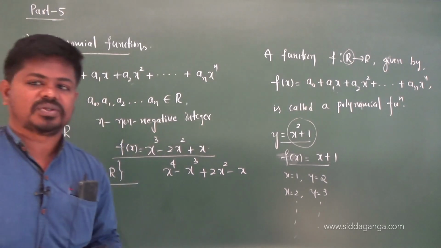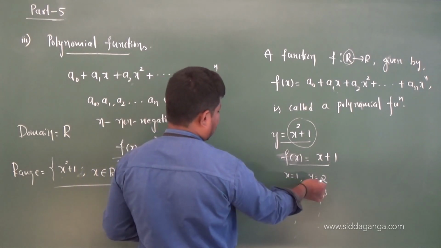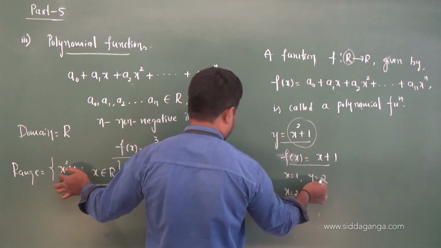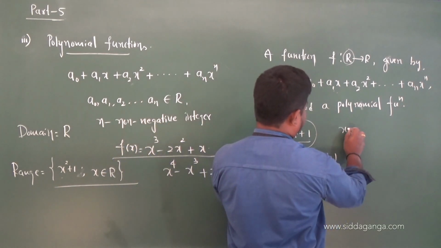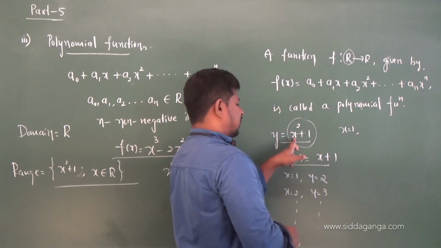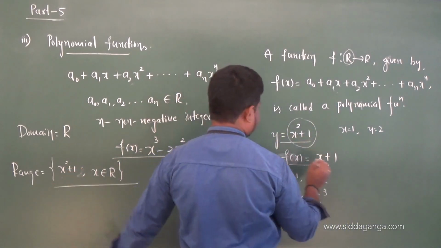The set contains x square plus 1. For example, if x is equal to 1, y is equal to 2. So, the first element becomes 2. In this case, when x is 1, what is y? 1 square plus 1. So, you get 2. No? The first element here is 2.